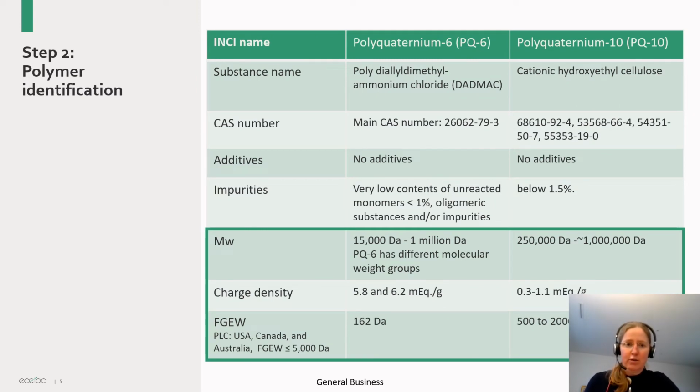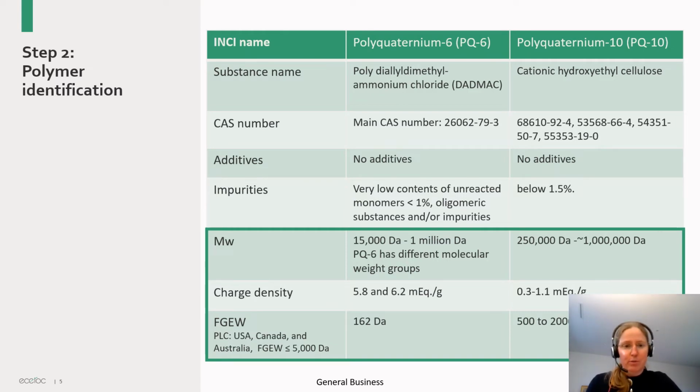The International Nomenclature of Cosmetic Ingredients, or INCI, names of the cationic polymers addressed in this case study are PQ6 and PQ10. Both families of polymers have shared characteristics in the sense that they contain no additives and have a low level of impurities. As indicated, the polymers may fall under different CAS numbers.